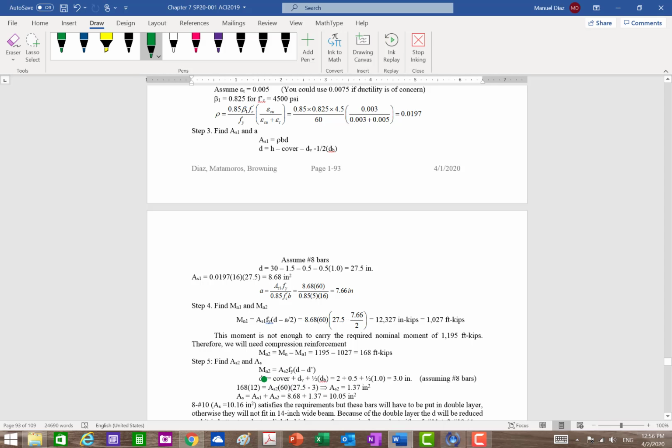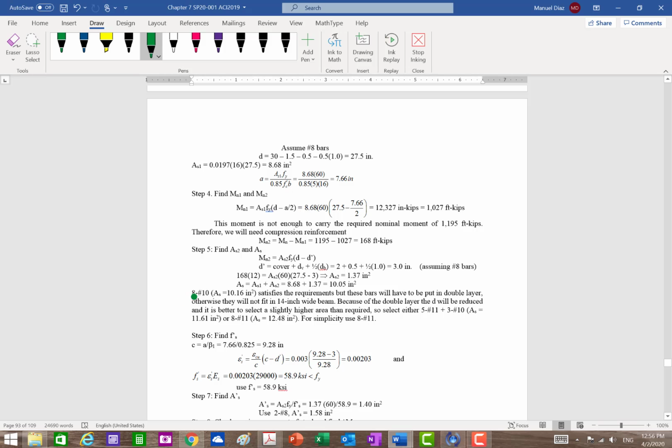We need to find D prime, 3 inches, that's good, still within the distance, right? And then we find the area is 137. This area now is added to the first area, right? And so the first area was 868, you add that, now you get 1005.